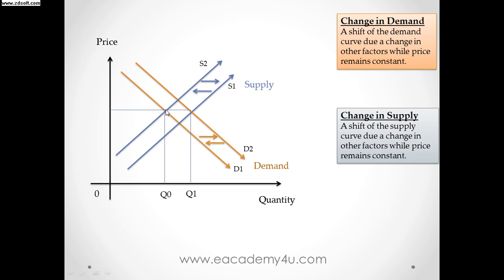And for a shift in supply, let's say it shifts from S2 to S1, it will increase the quantity. So for both, any factor other than the price will cause a shift. The price will remain the same, but the quantity will increase. But if the factor causes a shift to the left, a decrease in other factors other than the price will make the supply or demand shift to the left.